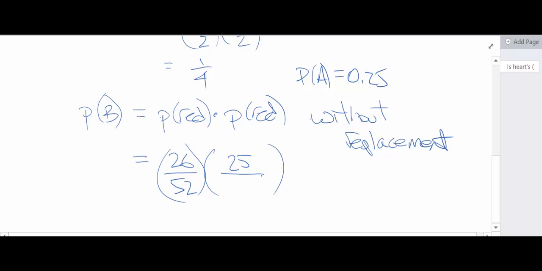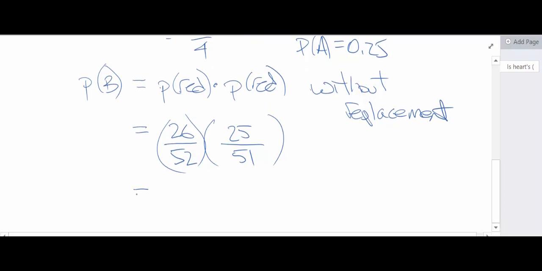Also, there's only 51 cards in total left because you haven't put one of them back. So now we're going to calculate the probability of event B, which is you draw 2 red cards in a row. First, 1 red card and a second red card without replacing the first card. Let's calculate what this is.